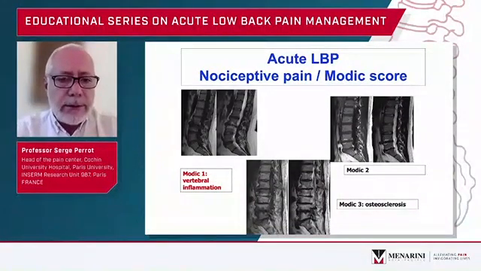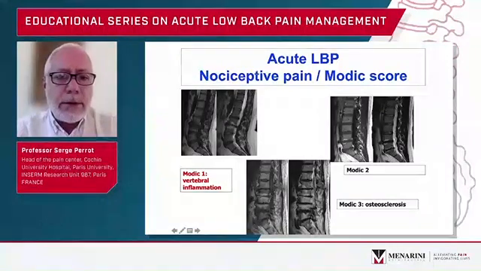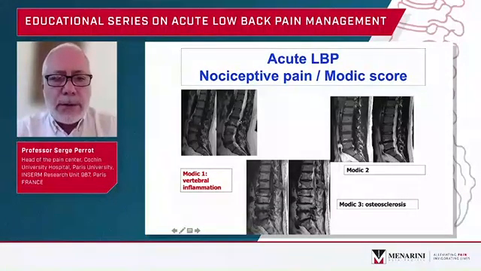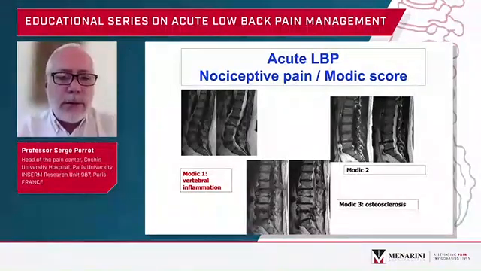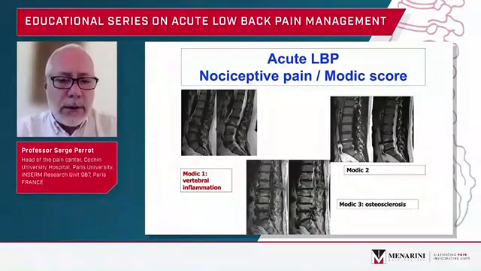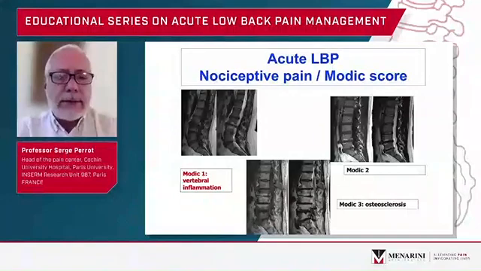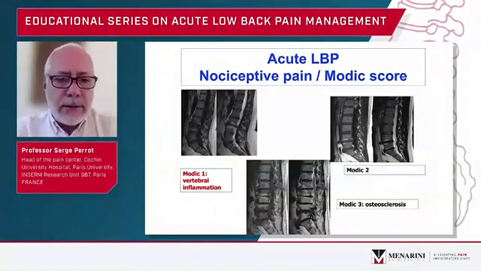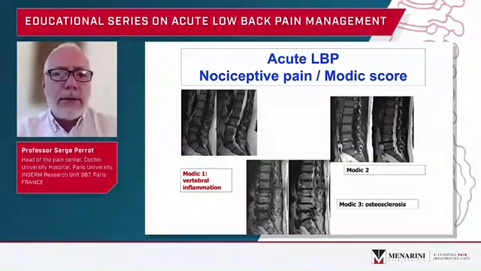Here you can see bone vertebral inflammation that describes what we call the MODIC 1 score, and this is really found in acute back pain. This kind of local inflammation demonstrates that acute back pain is really a nociceptive pain condition.